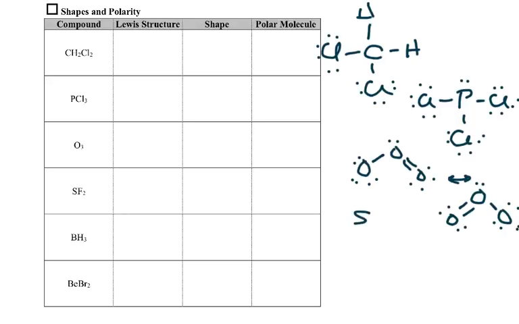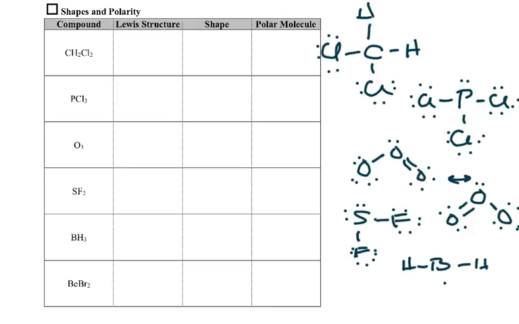SF2, sulfur, it has 2 and 2 and 1 and 1, so it can make a bond to a fluorine, and another bond to the fluorine, lone pairs. And BH3, boron, can make a bond this way, bond this way, bond this way.